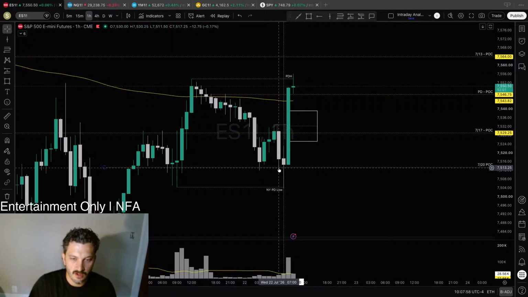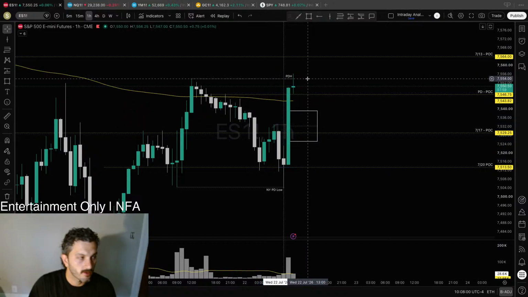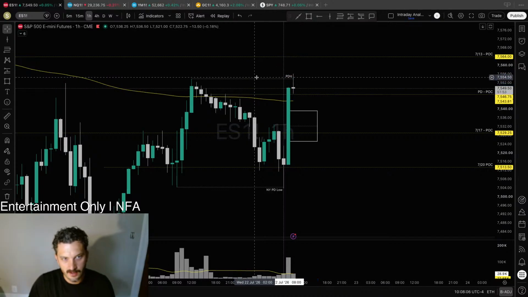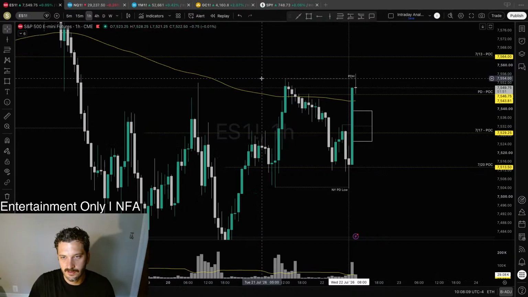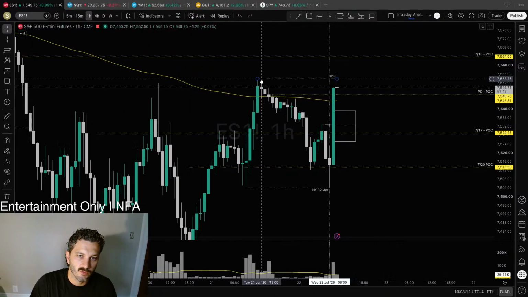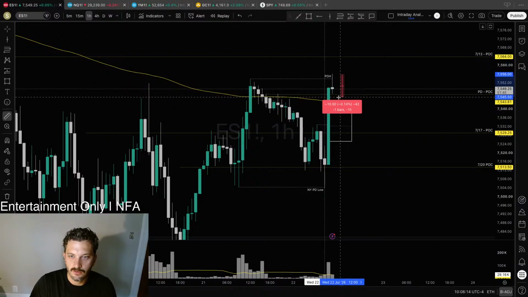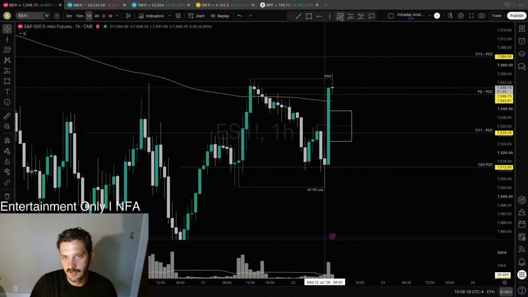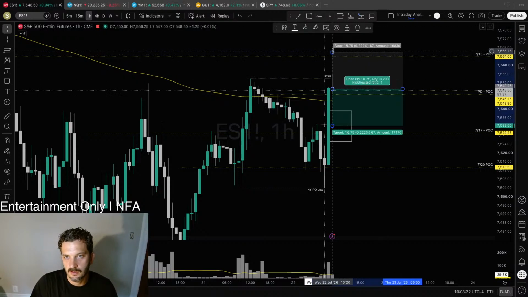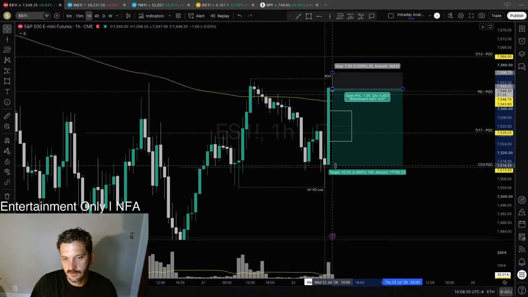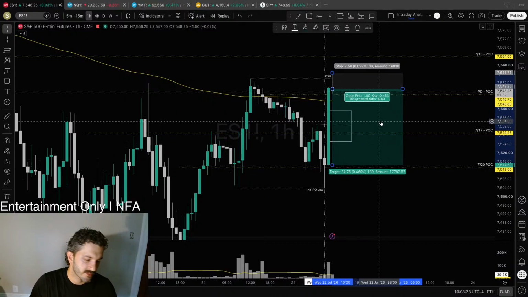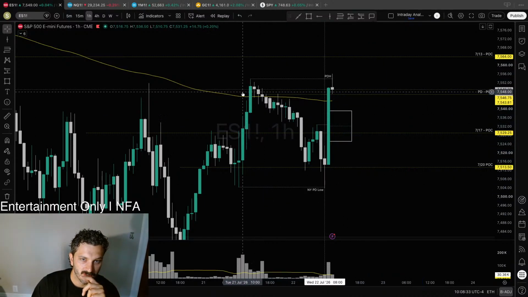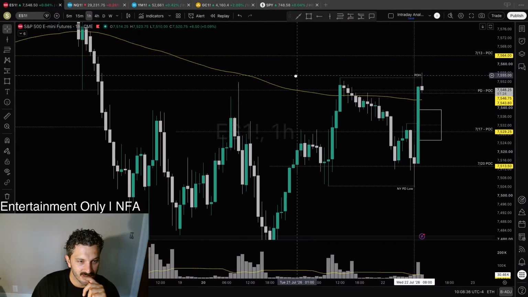If you see a strong displacement candle like this, and the following hourly candle takes the high of that candle and taps into a higher time frame zone, so in this case sweeps the high of this candle, sweeps the previous day high, and then we close back within this hourly candle, you can then look for a short down into the previous candle low. I don't know if that made any sense, but I'm going to try to find a good example of this in real time.